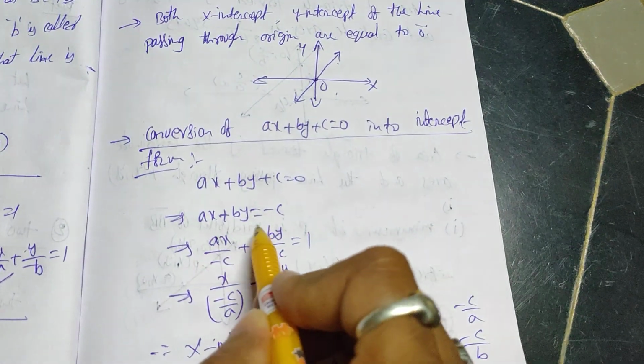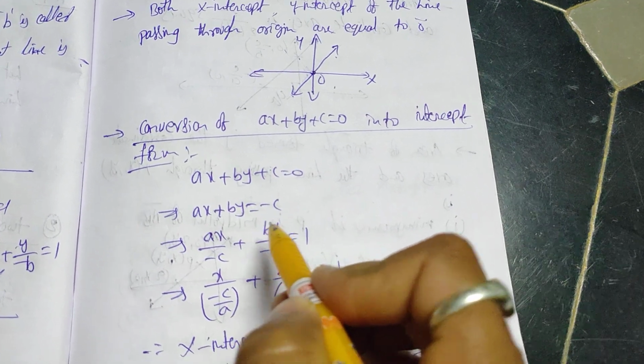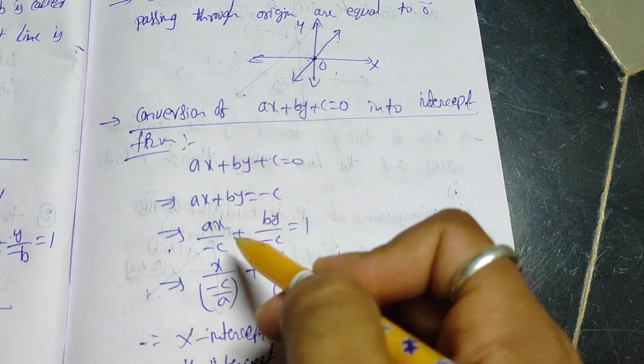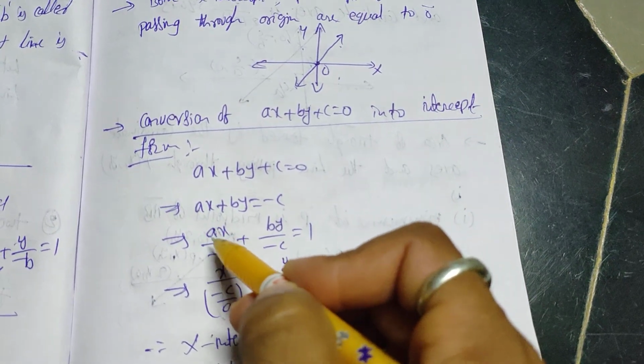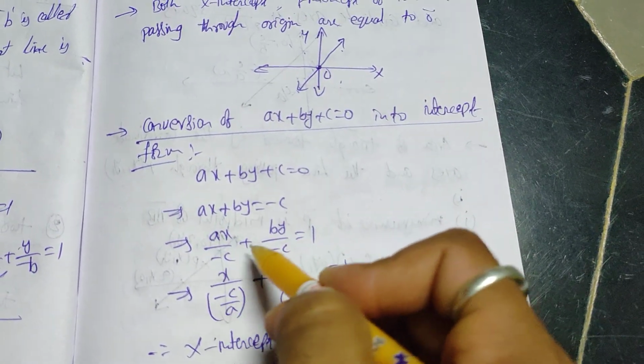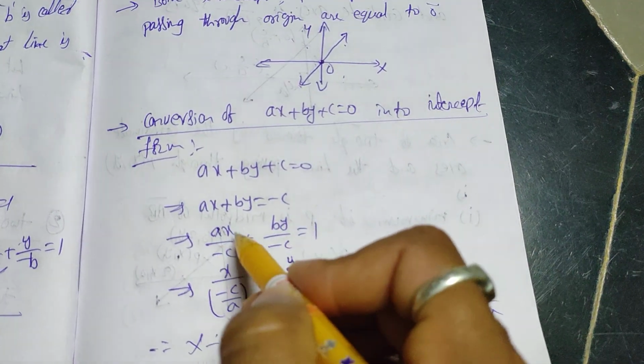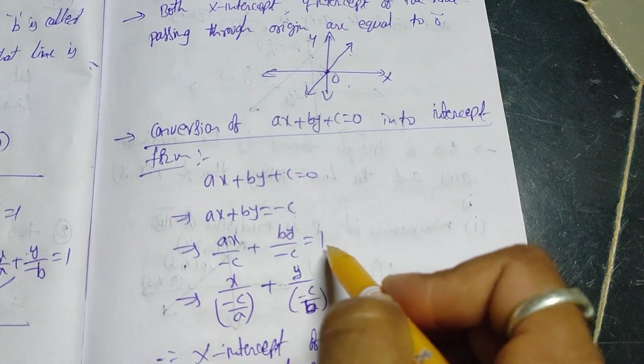Then ax + by = -c. To make the right side equal to 1, move -c to the denominators on the left side, so it becomes ax/(-c) + by/(-c) = 1.